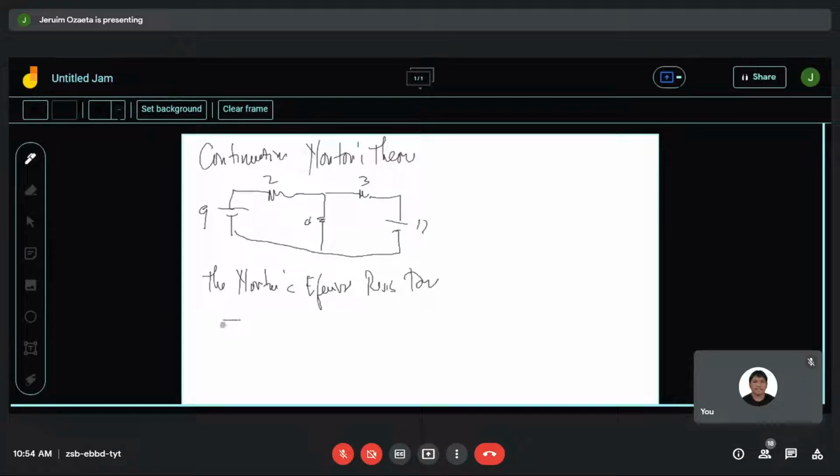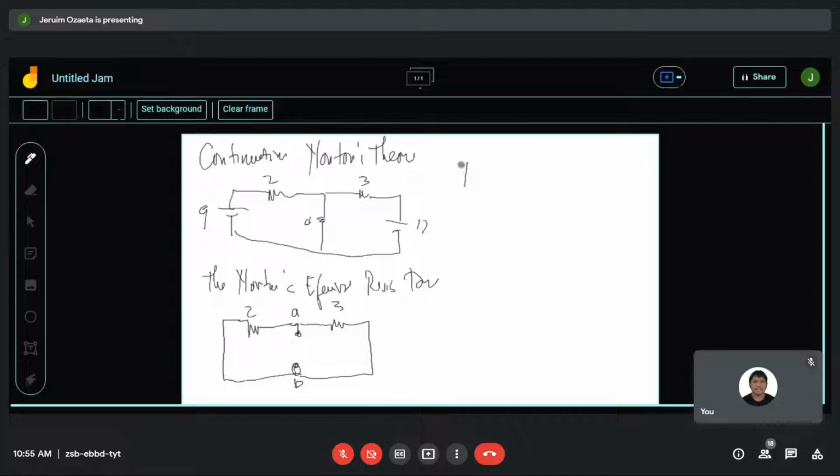So you have the circuit. Two ohms, 3 ohms. This is AB.